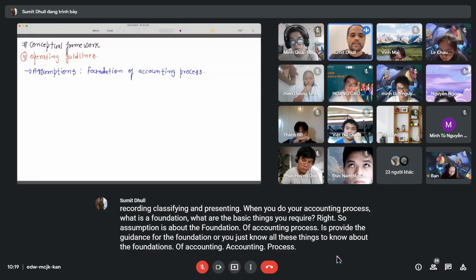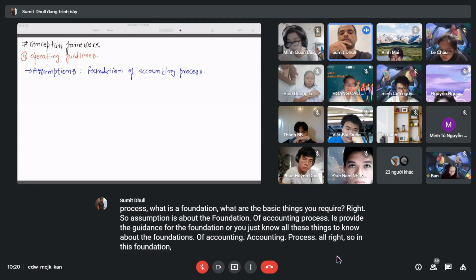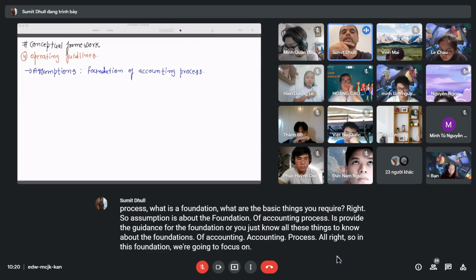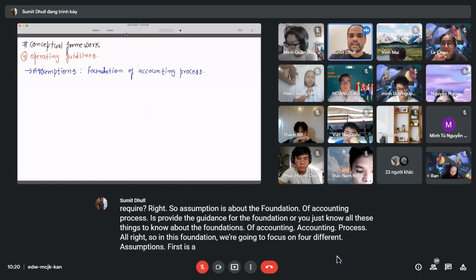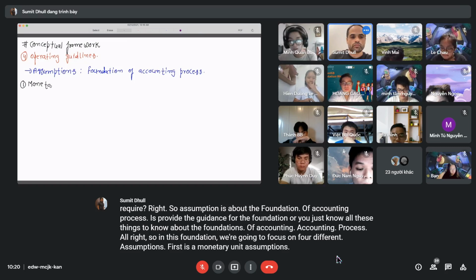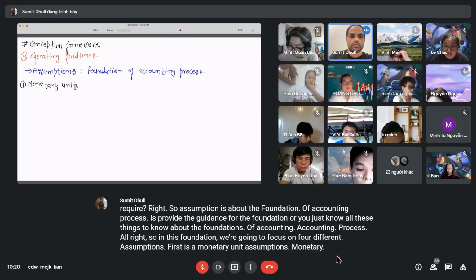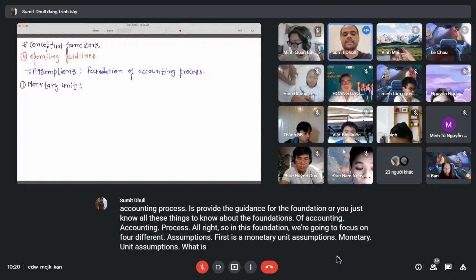All right, so in this foundation, we're going to focus on 4 different assumptions. First is the monetary unit assumption. What is the monetary unit assumption?